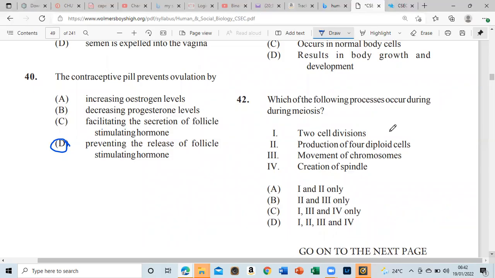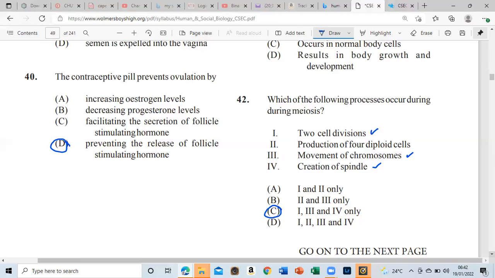I'm gonna go with 1, I'm not going with 2, I'm going with 3, and 4. So let's see which options of these, and that would be C.